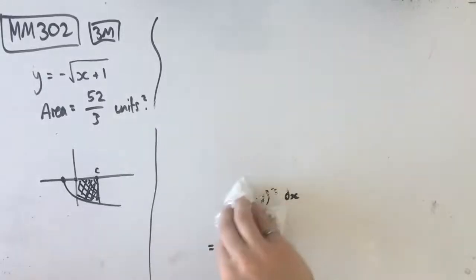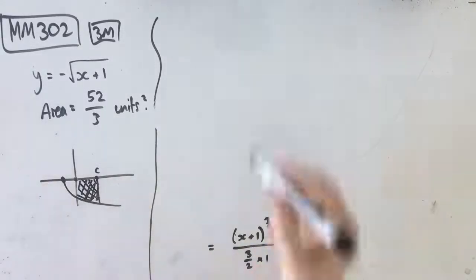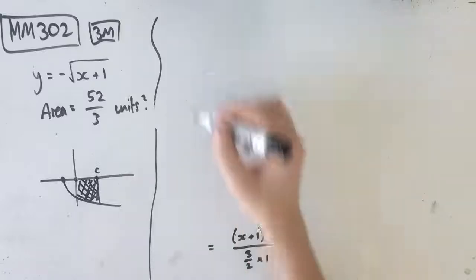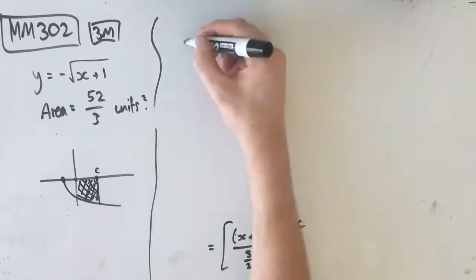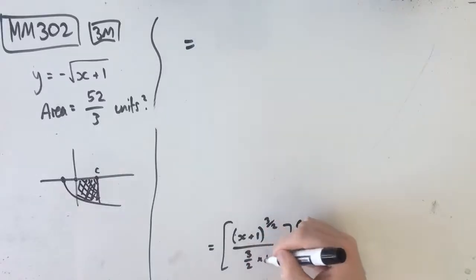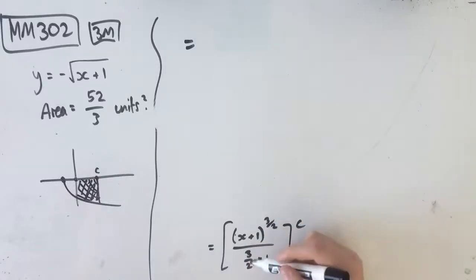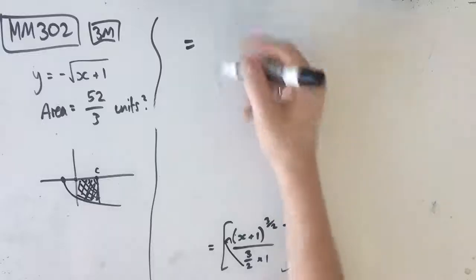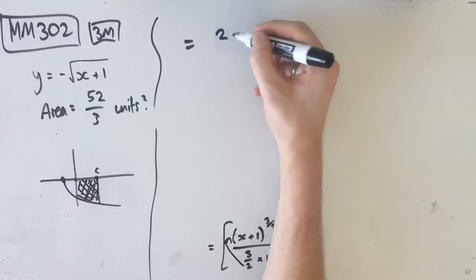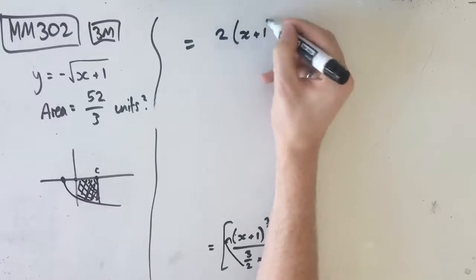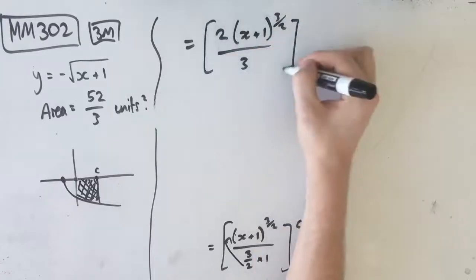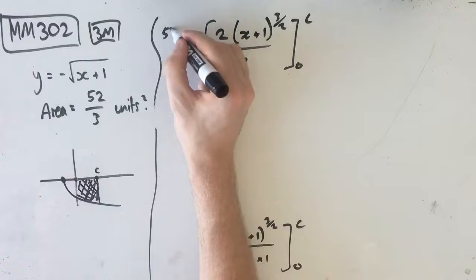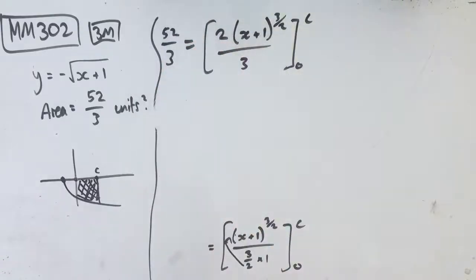Then our next step of working, actually I should write 0 to c as well. So this is 3 on 2 times 1, which is just 3 on 2. So this 2 comes to the top and that 3 stays where it is. So what we get is 2 times x plus 1 to the 3 on 2 over 3 from 0 to c, and that's equal to 52 over 3.